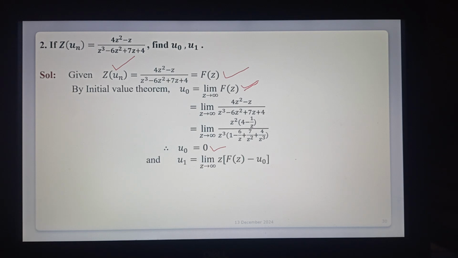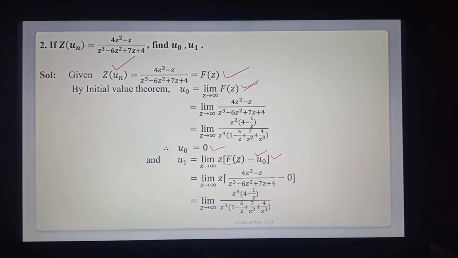Next, u1. The formula for u1 is limit z tends to infinity z into (f of z minus u naught). Substituting f of z and u naught, that is equal to limit z tends to infinity z into (4z square minus z) by (z cube minus 6z square plus 7z plus 4) minus 0.